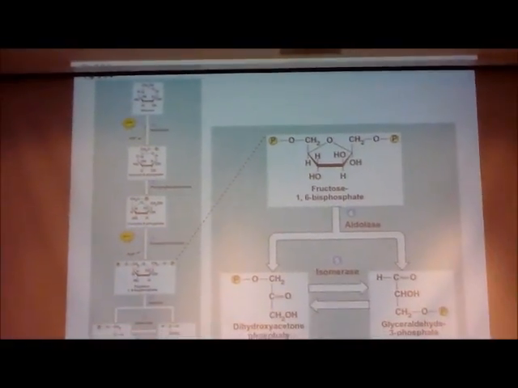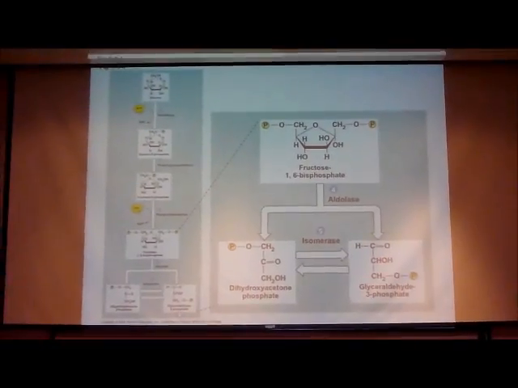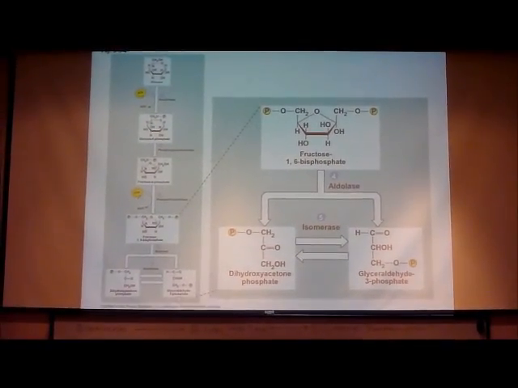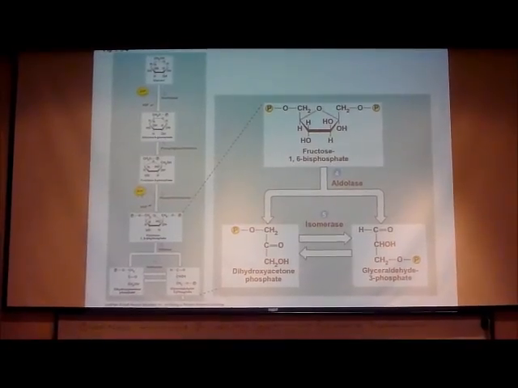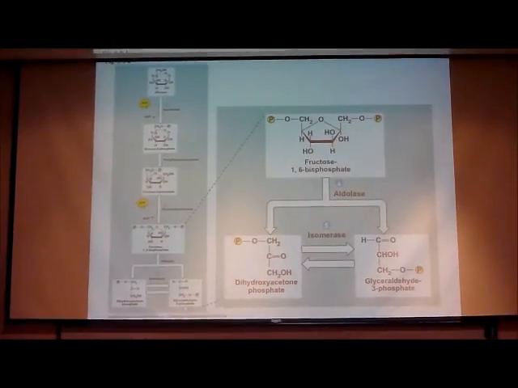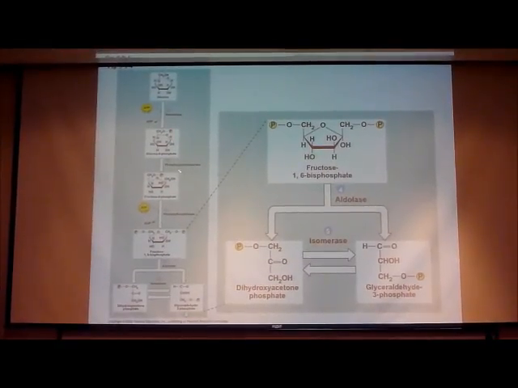Called glucose 6-phosphate because that phosphate is attached to the 6 carbon. So even if I were to ask you about this particular molecule, if you know what glucose looks like, it's not that difficult because the only difference between this molecule here and this molecule here is I've added a phosphate onto the 6 carbon. So we've got glucose 6-phosphate, phosphorylated, using hexokinase.